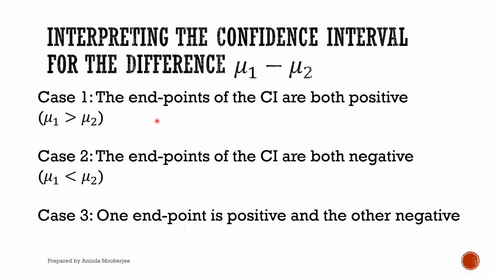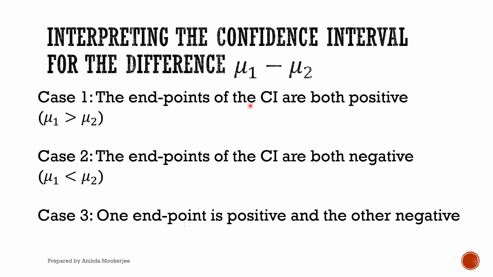Now, based on the endpoints of a confidence interval, we can make some interpretations about the values of mu sub 1 and mu sub 2, and also relate it with the hypothesis test results. The first case would be when the endpoints of the confidence interval are both positive.